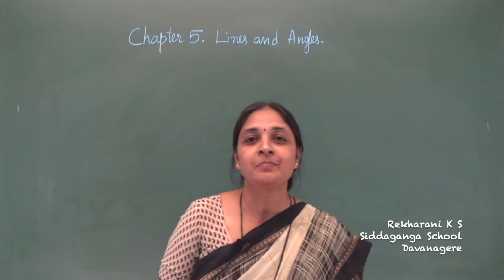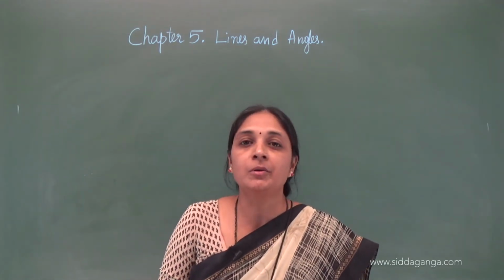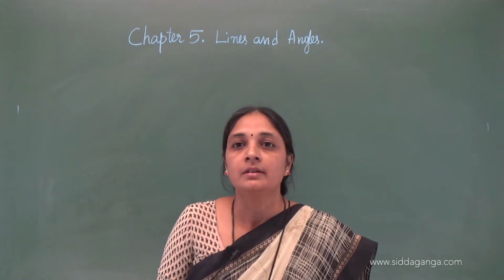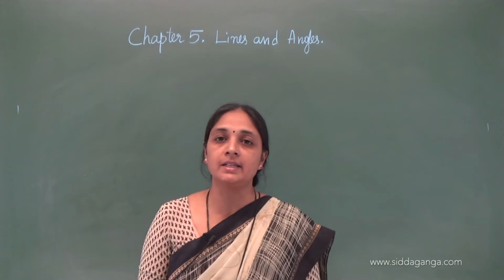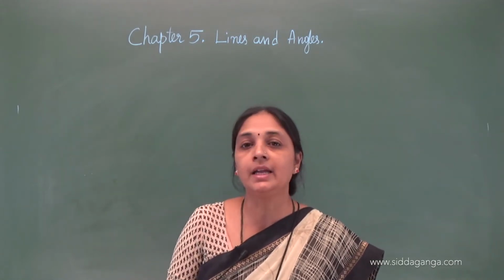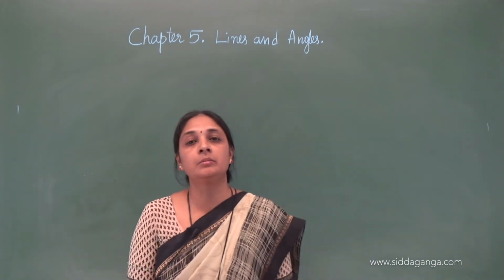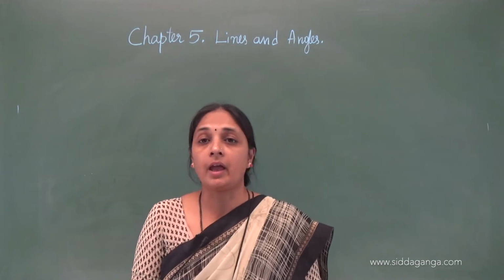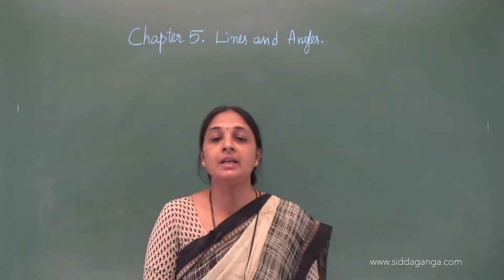Hello students, in the previous class we learnt about two pairs of lines. They are intersecting lines and parallel lines. Intersecting lines intersect at a point. They have one common point, so they are said to be intersecting lines.